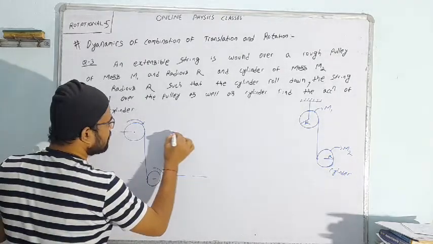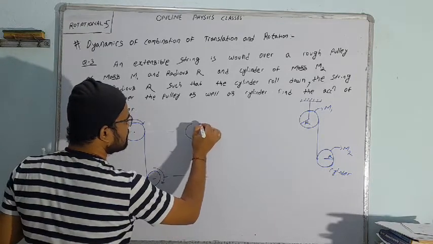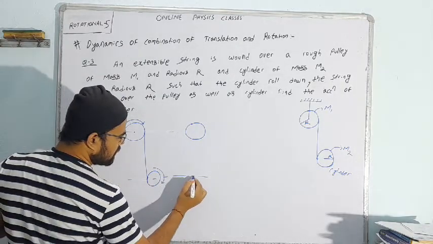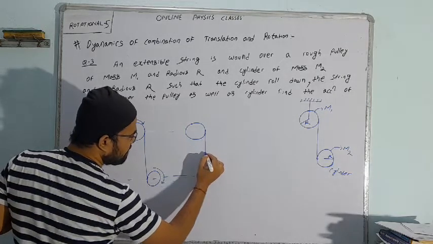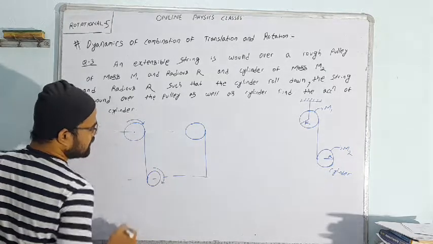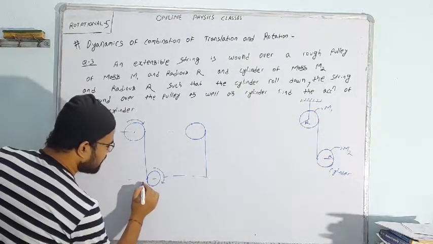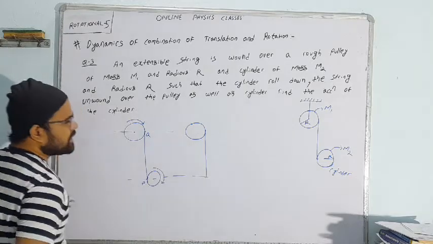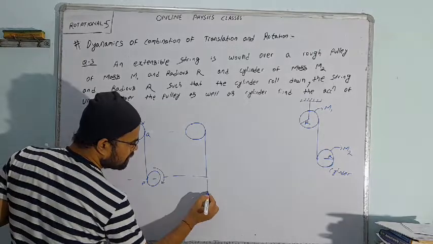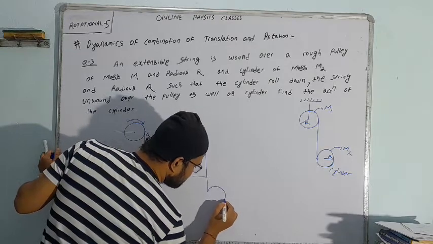So finally we get this type of figure. Suppose the pulley is here and now the cylinder goes downward. Suppose we take this point as p and this point as q. Now the point p goes downward, and the cylinder is like this.